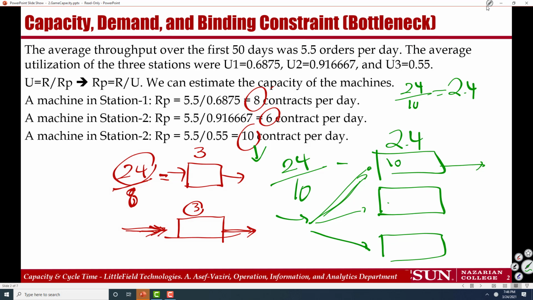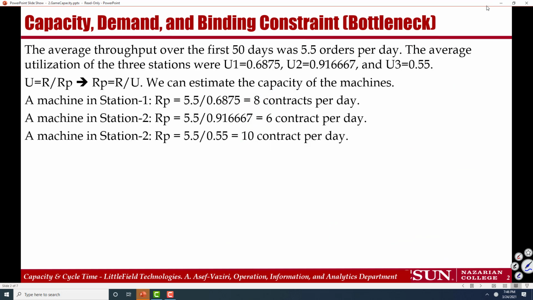The same is true for station 3. If a product comes in and a machine is empty, it takes 2.4 hours to go out. Now we are in station 2.